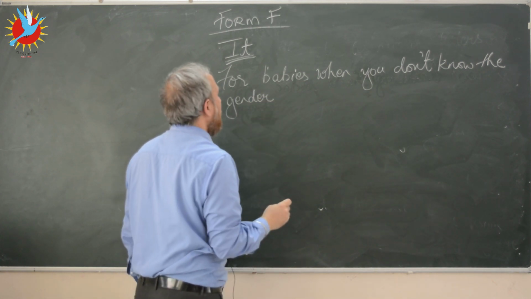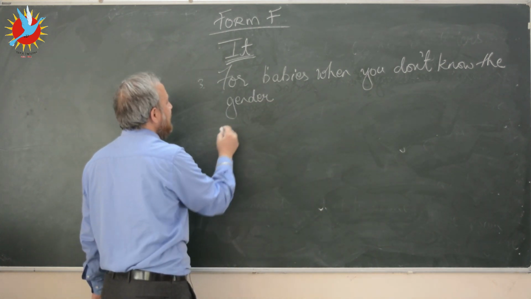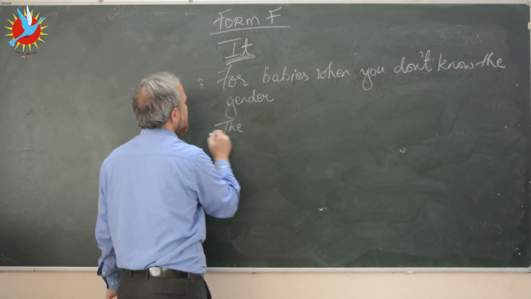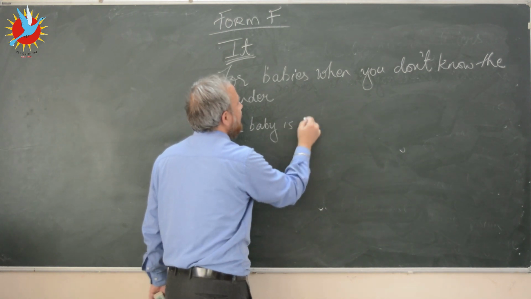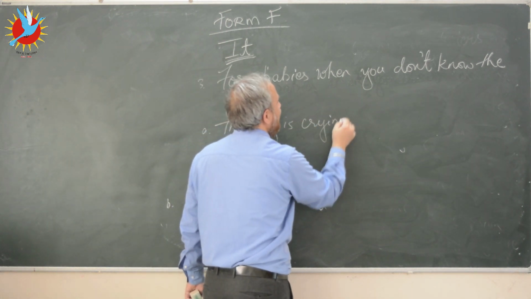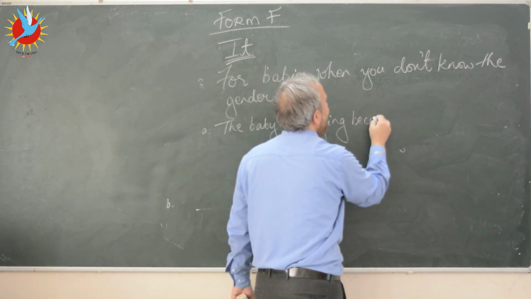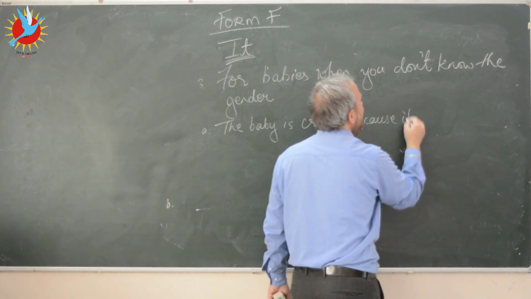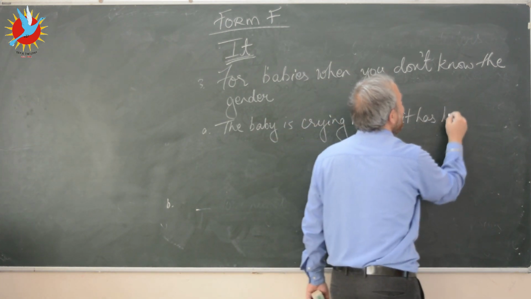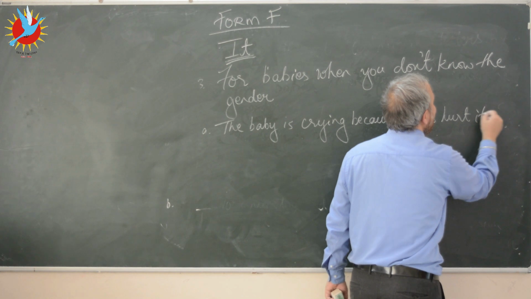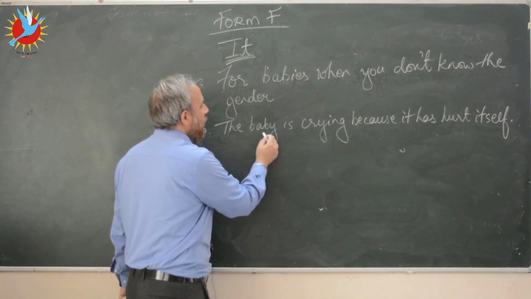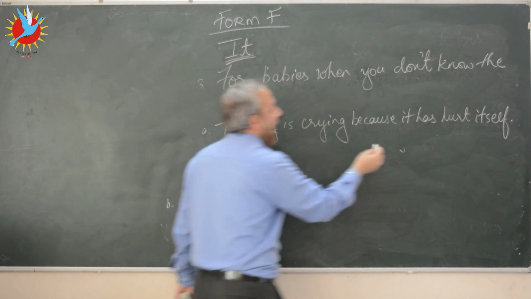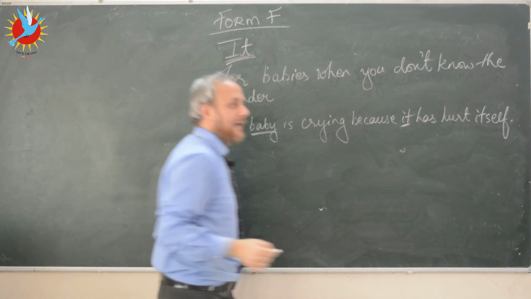So how does it work? Let's say the baby is crying because it has hurt itself. So in place of the noun baby, I've used the pronoun it.